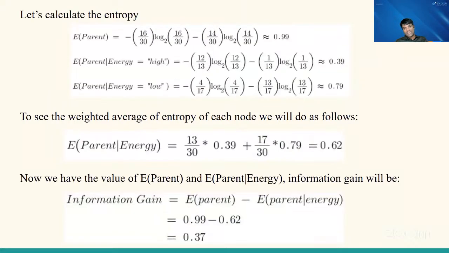Now this is how you calculate the entropy first, and from that we are going to calculate the information gain. How entropy is calculated we have already seen: minus P1 into log of P1. There are yes conditions, which are 16, going to the gym, and no conditions, which are 14. If you calculate that, you get approximately 0.99.